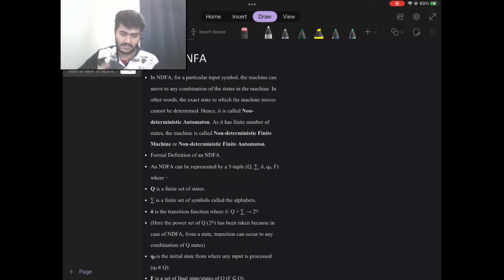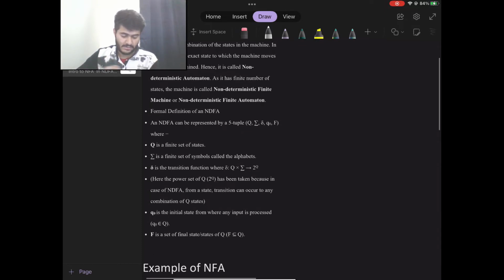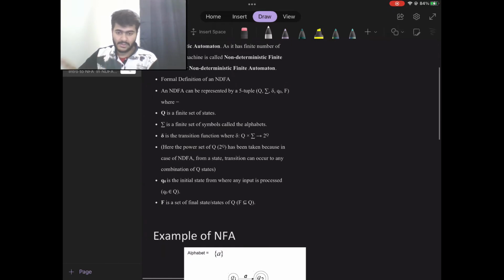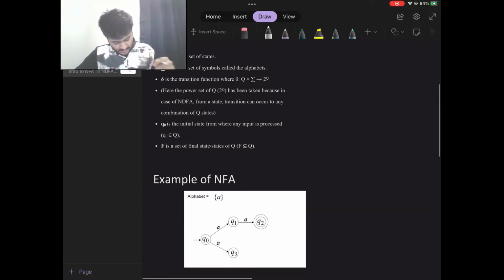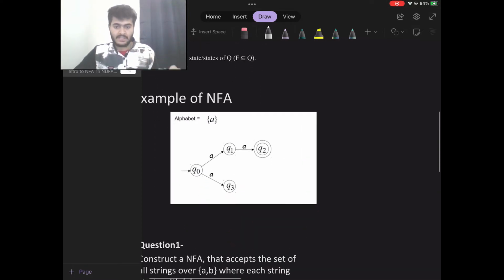In this, if there are A and B as inputs, we can define only A and continue on, or we can take A to multiple states, like Q naught going to Q1 and Q2. For the transition function, the output is the power set, 2 to the power Q. In a DFA, it was only Q.